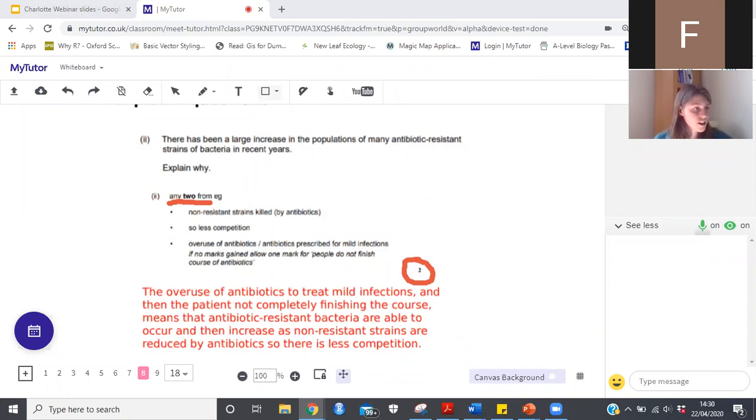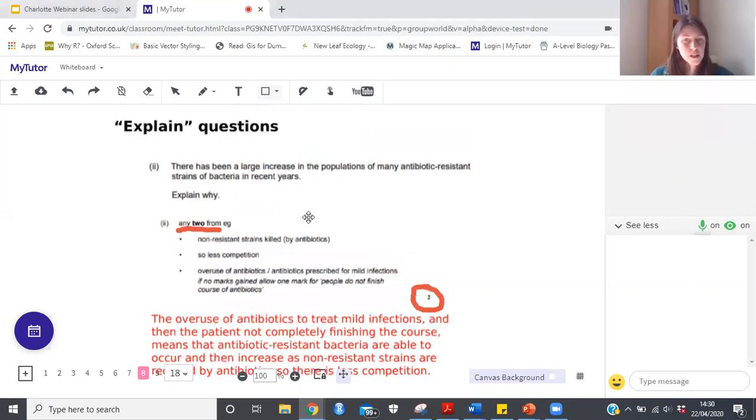Looks as though we've had some tech problems. All sorted. Someone's asking if I can scroll up a little bit. That should be fine.